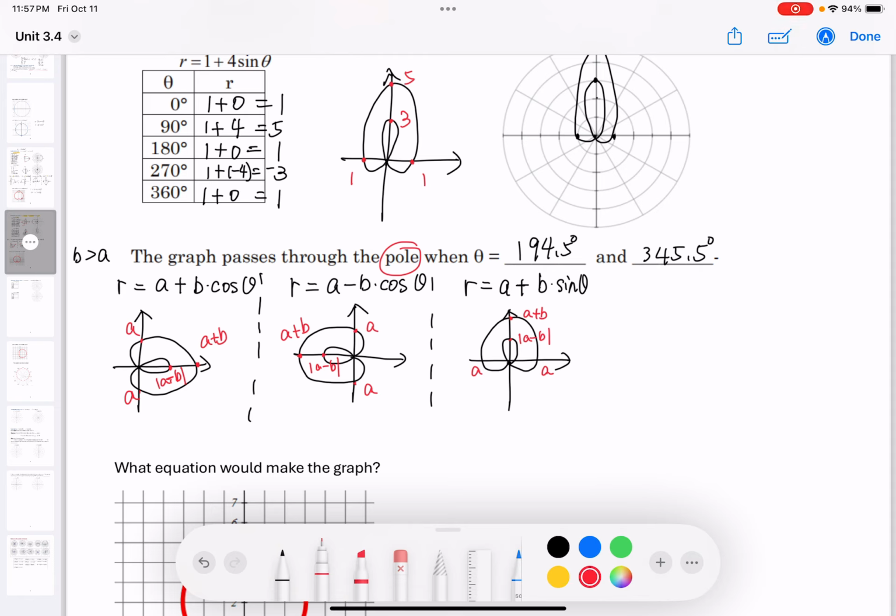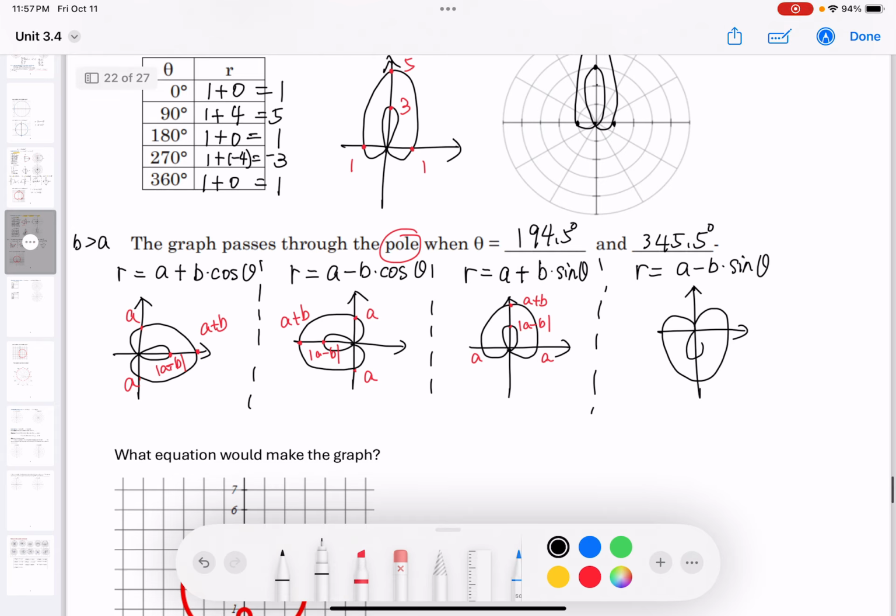And the last shape, the equation is r is equal to a minus b times sine theta. Okay. So it is sine theta, so my heart shape lies on the y-axis, and we have an inner loop because we have a big b.